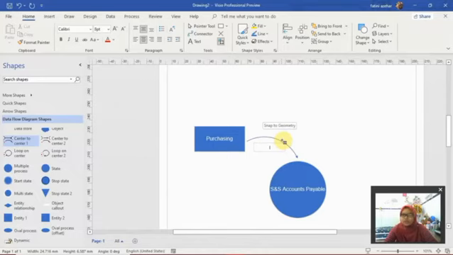Here we write the purchase order. It means that the purchasing department sends the purchase order to the accounts payable department, and the accounts payable department stores it in the purchase order file.